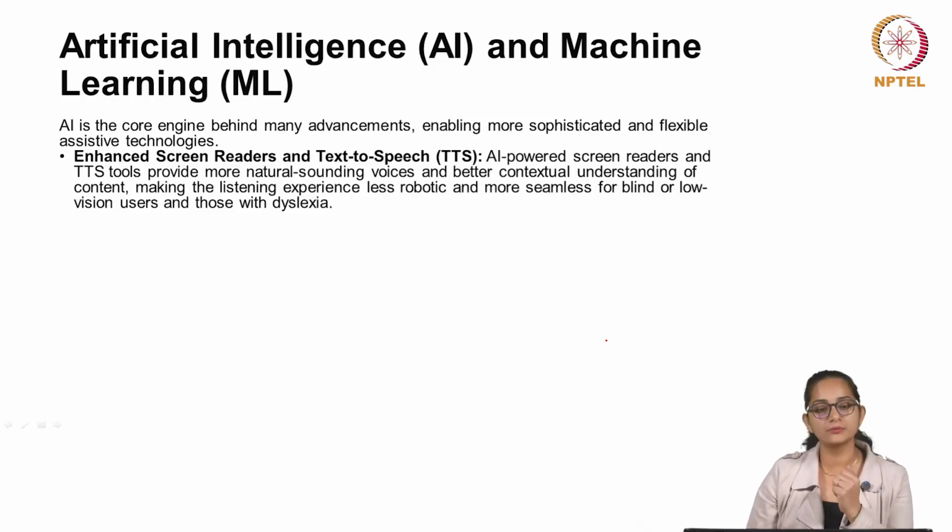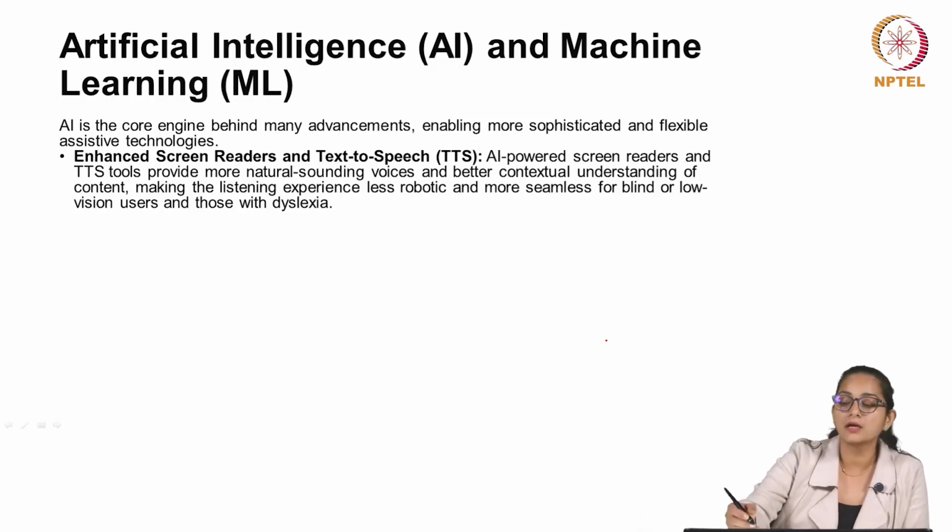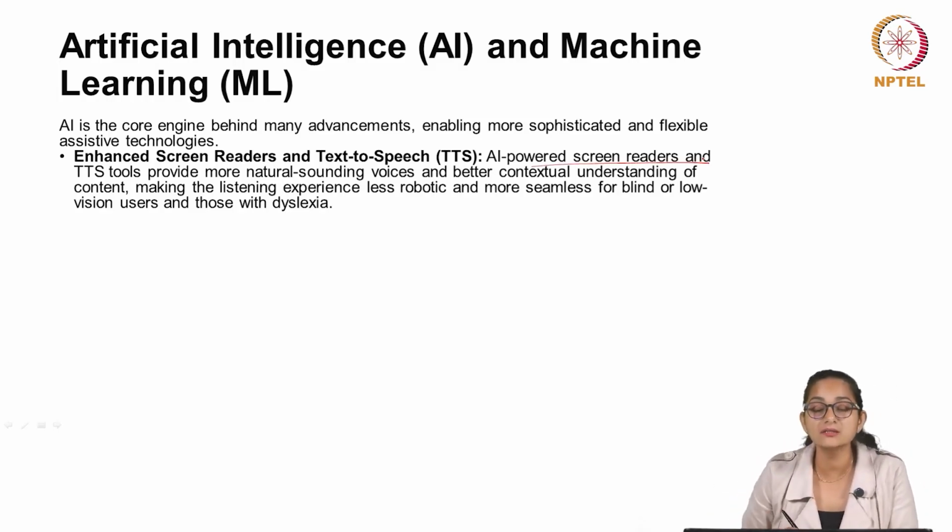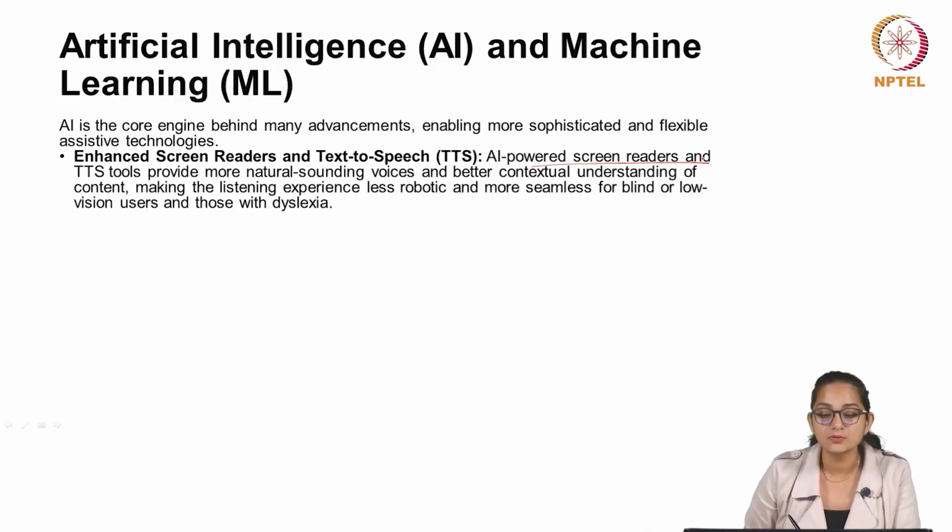For example, enhanced screen readers and TTS, or text to speech systems. So, AI powered screen readers and TTS tools. TTS is a read aloud tool, which I think again we spoke about in the AI session.